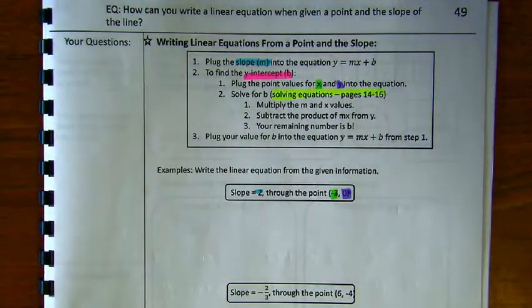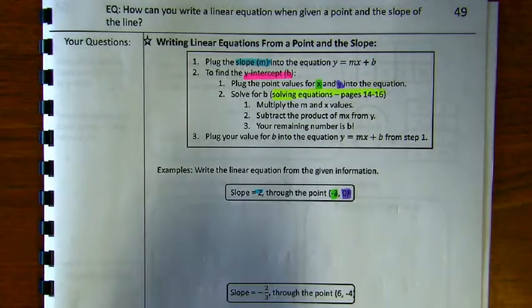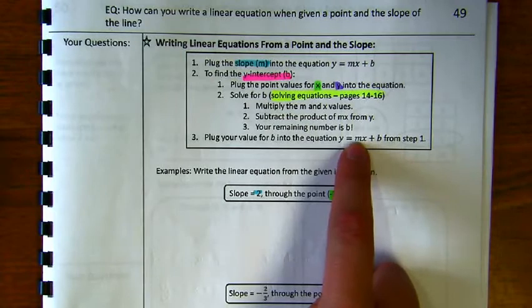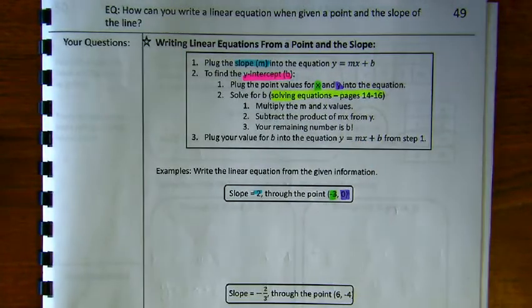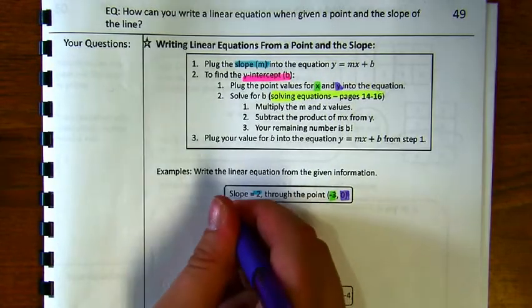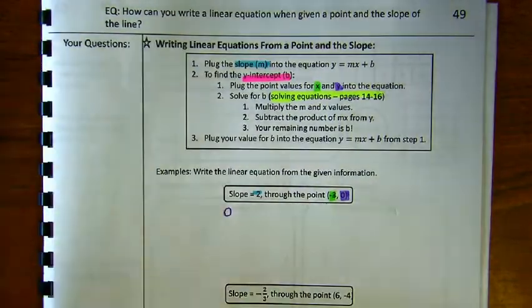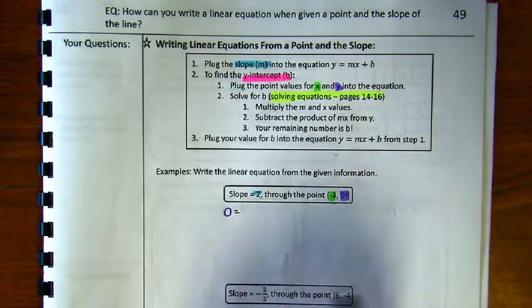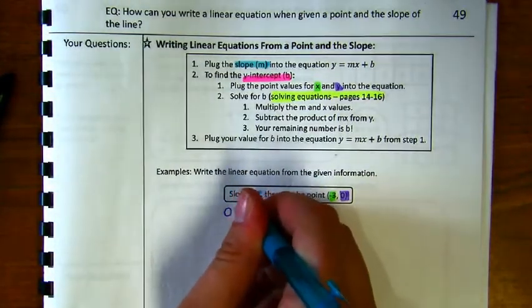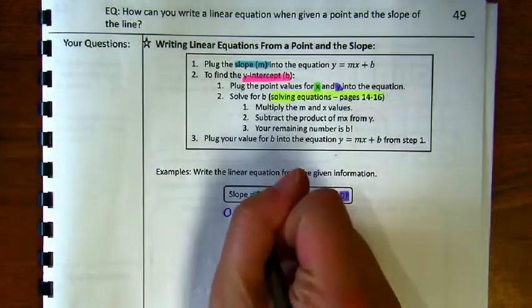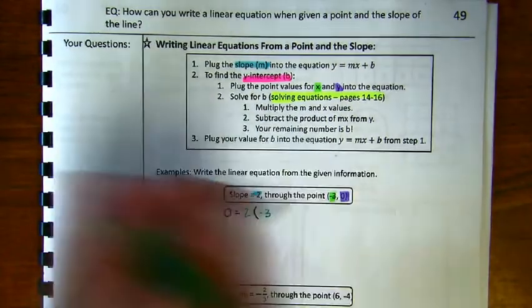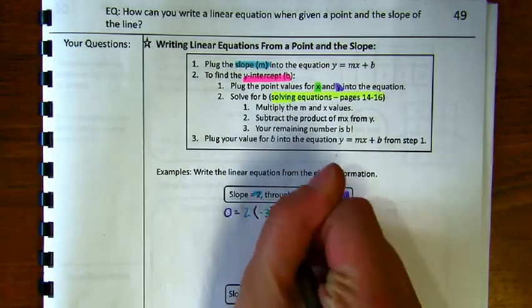I'm going to plug all three values into the y equals mx plus b formula. My y is 0, so 0 equals, and m is our slope, 2, times -3, plus b.